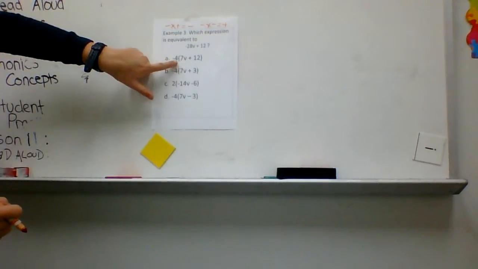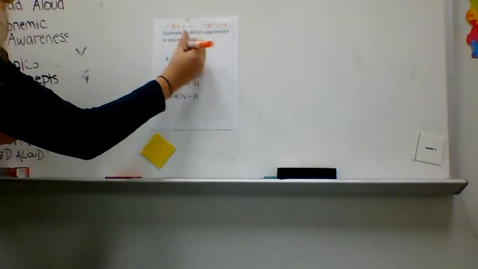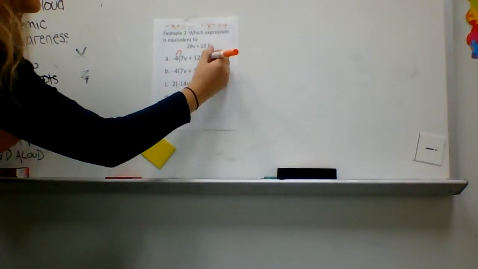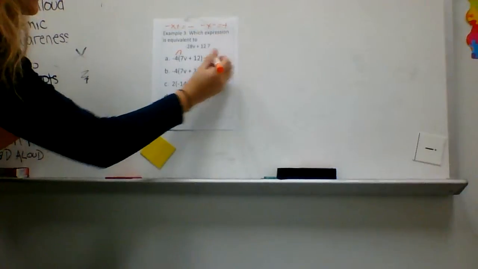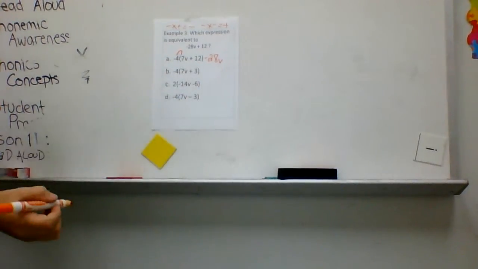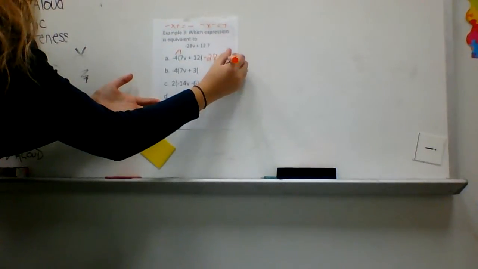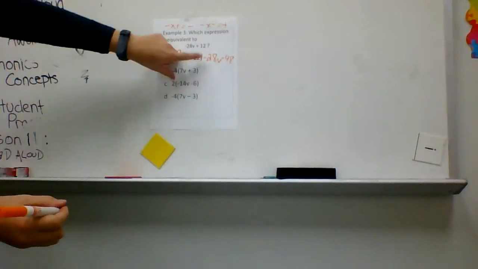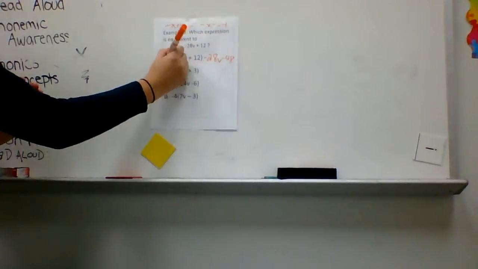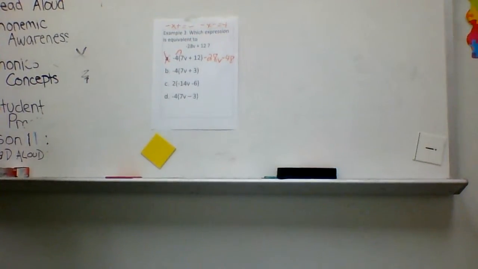So negative 4 times positive 7, a negative times a positive is going to be a negative 28v. And a negative 4 times a positive 12, that's going to be a negative 48. Well, the 28v's match, but the second part doesn't, so A is not the correct answer.